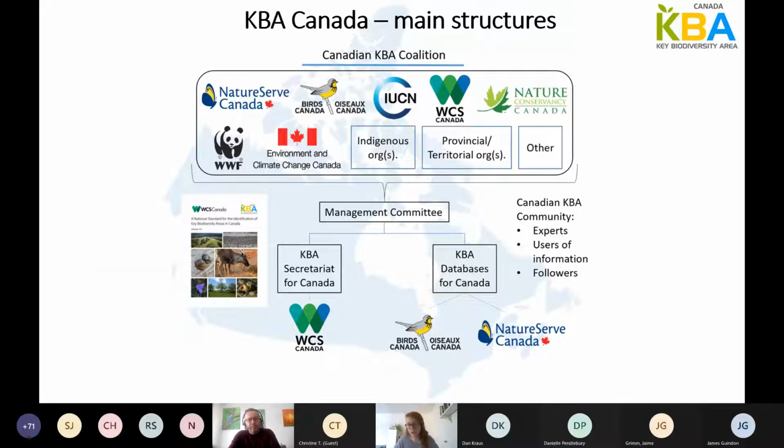And I won't go into much detail here, but I just wanted to present quickly a diagram of the organizational structure of the Canada KBA Coalition, just to give you a sense of how collaborative this work is and the number of partners that are involved in the process. And this is important for what I'm going to present next, because our entire data infrastructure is built around this idea of collaboration and how to enhance collaboration.